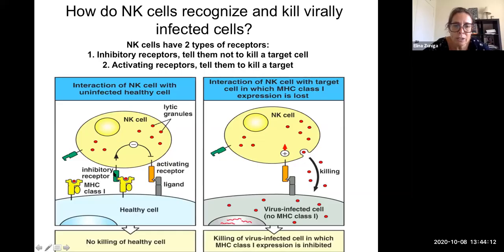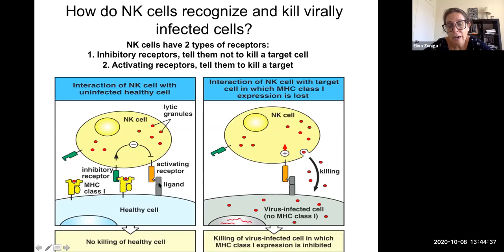So the inhibitory receptors in NK cells will bind to MHC class 1 molecules that are present in all nucleated cells, okay? This will send a negative signal that will suppress the positive signal typically induced by the activating receptor that binds a ligand.